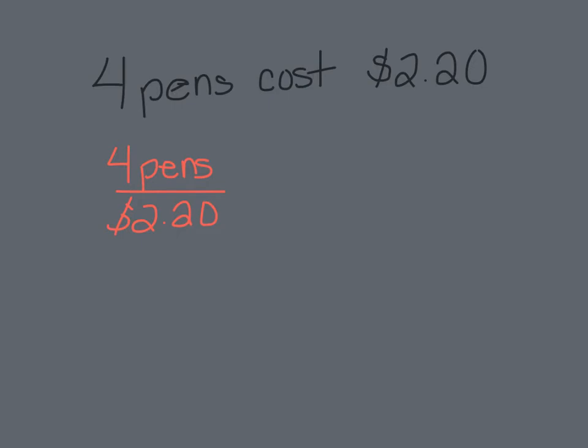So in order to figure that out, we want to know how much one pen is. So 1 pen, and then we put P because we don't know how much that costs for the price. Then we would say 4 over 220, and we would divide them each by 4 because that's what we know.